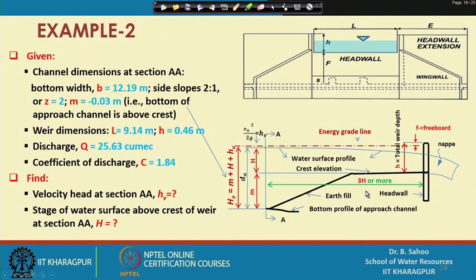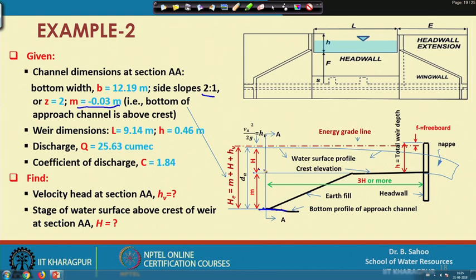In the second example, the given values are channel dimensions at section AA. Bottom width B is given as 12.19 meter, side slope 2:1, that is Z is to 1. So, Z equal to 2 and m equal to minus 0.03 meter, that is the difference between the bottom of this profile and the crest level, and you can see minus 0.03 means this level is actually elevated.